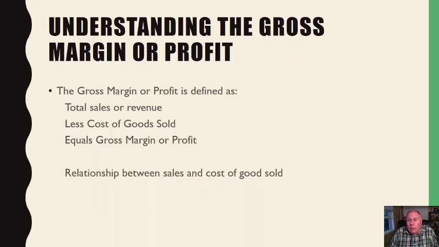There's a relationship between sales and the cost of goods sold. Sometimes looking at absolute dollars doesn't help us as much as percentage. So if we're seeing revenue grow and cost of goods rise also, but the margin remaining flat, that can be a positive thing.